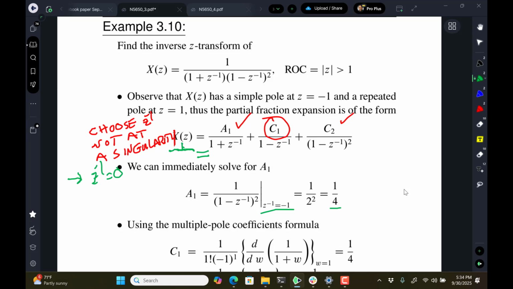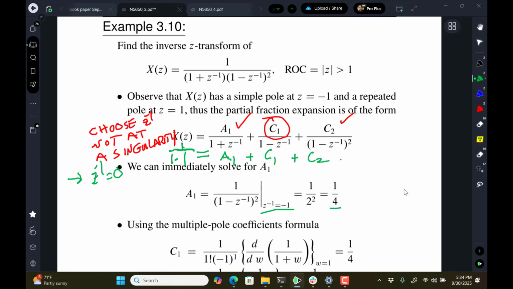So numerator is 1. The denominator, the first term, is 1 plus 0, which is 1, times 1 minus 0 squared, which is still 1. So that's on the left-hand side. Then over here I get A1, which I already know, and I get C1, and I get C2.